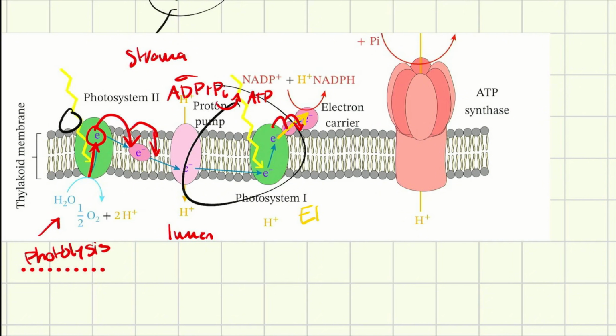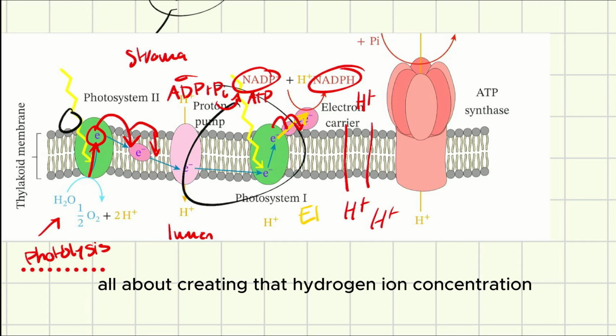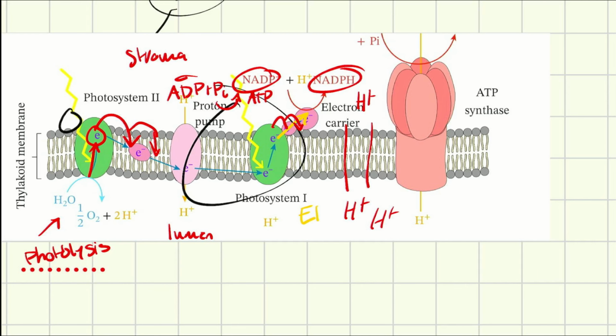And this is going to provide the energy for reducing NADP plus to NADPH, which we're going to need in our Calvin cycle. This also creates a hydrogen ion concentration. I know they don't put it here, but it creates a hydrogen ion concentration within our lumen. And by this point, we have built up a bunch of hydrogen ions within our lumen. We've undergone both electron transport chains.